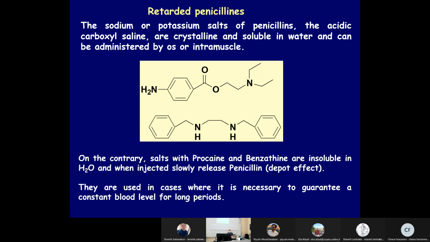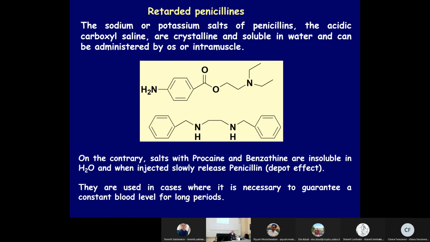So 5 minutes and then we stop. Sometimes it is necessary to have a stable and a long-term concentration of penicillin in blood. For example, for 2-3 months.